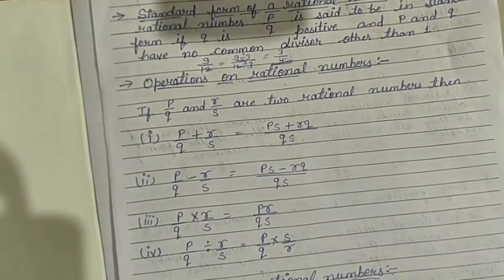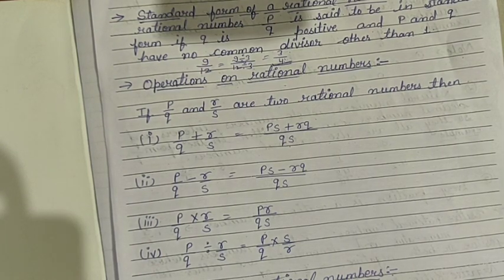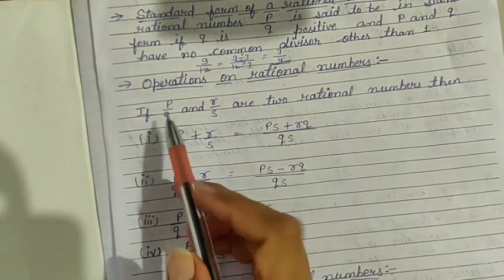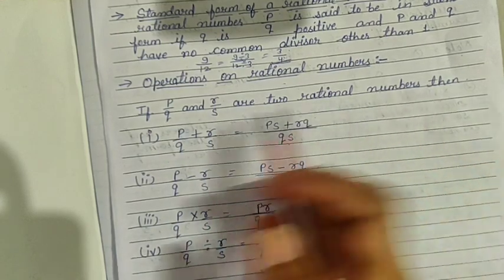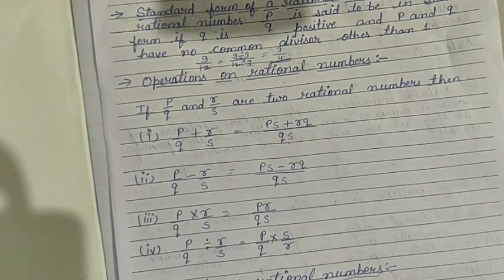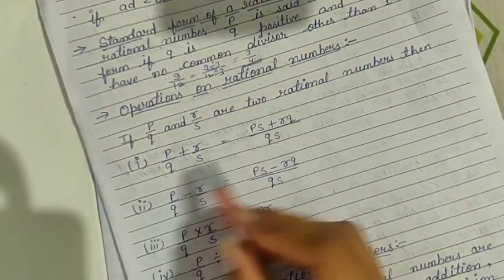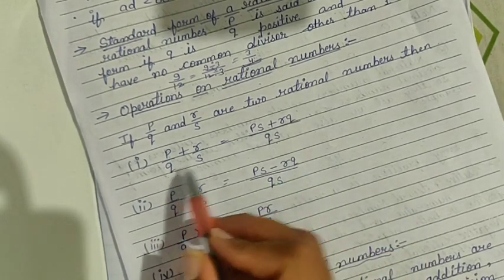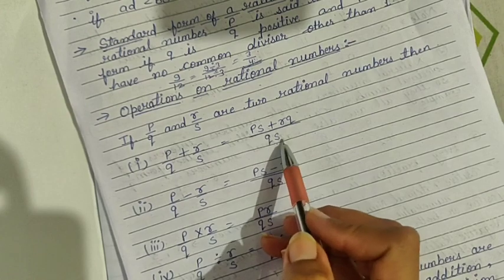Now operations on rational numbers means how can we add, subtract, multiply and divide rational numbers. If p upon q and r upon s are two rational numbers, then how can we add p upon q plus r upon s? Firstly we will multiply their denominators q into s, qs, and this is our denominator.